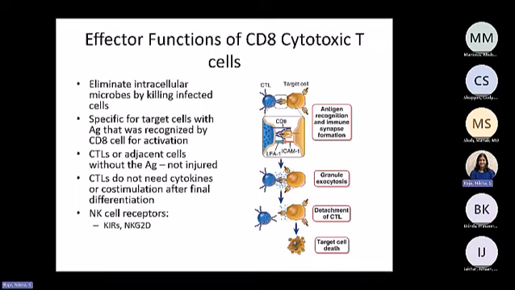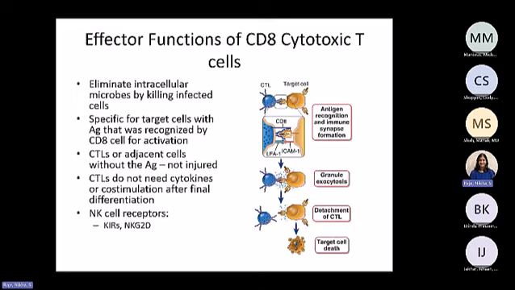Let's talk about the function of these CTLs. They interact with the target cell, and once they are able to recognize that target cell and make that synapse, in that immune synapse area, there will be release of these granules.